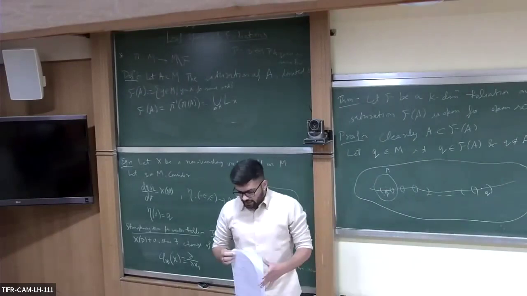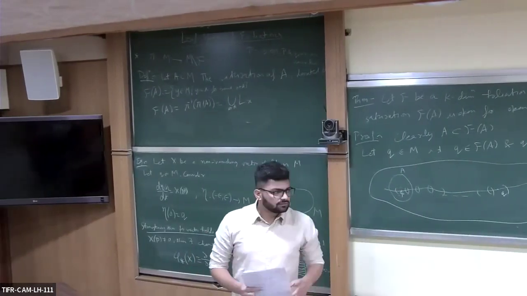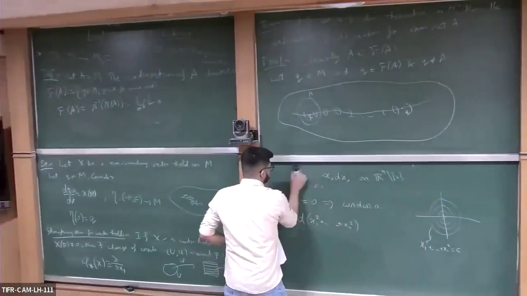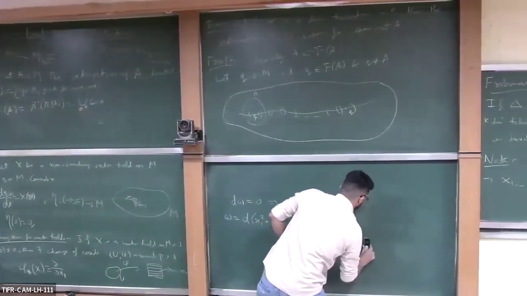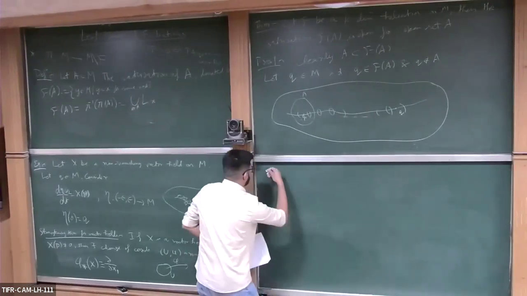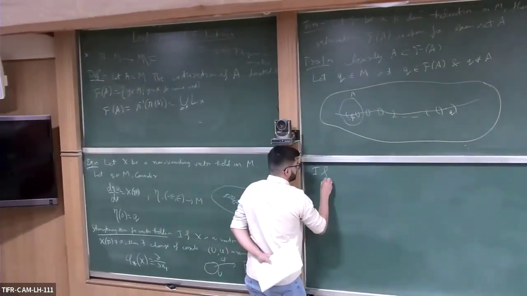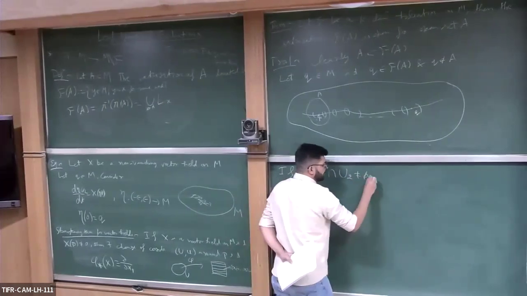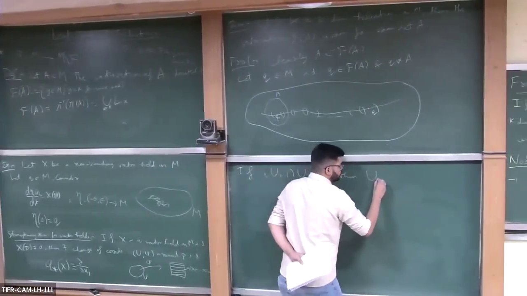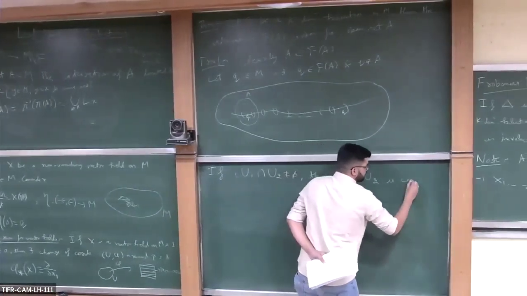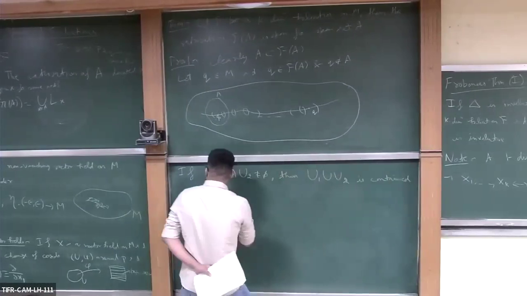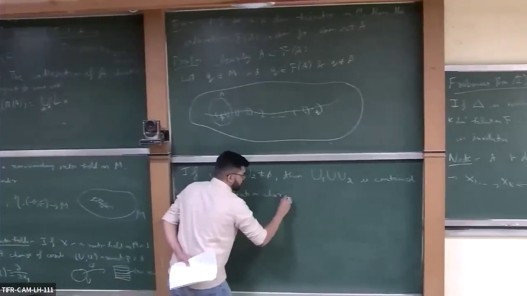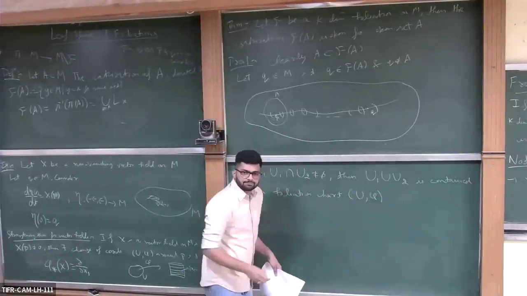I can refine my coordinate charts so that I get this condition: if the intersection of U1 and U2 is non-empty, then U1 union U2 is contained in a foliation chart.